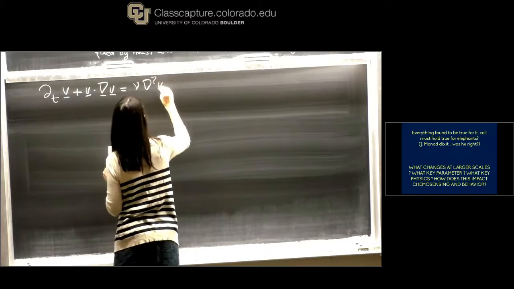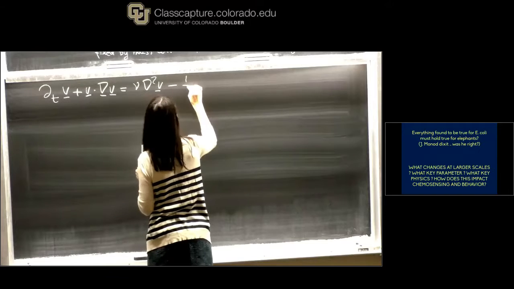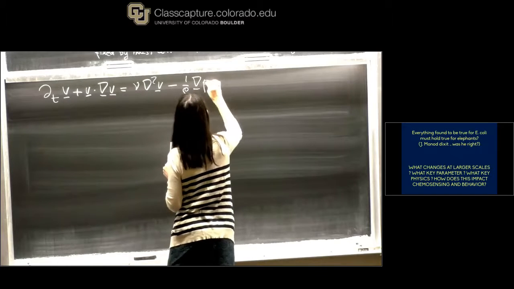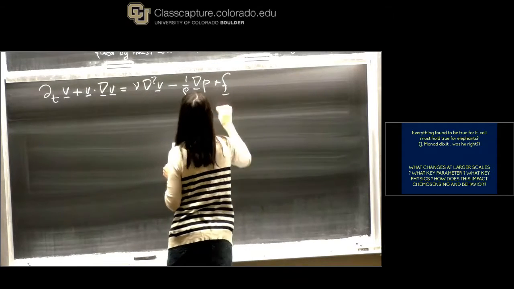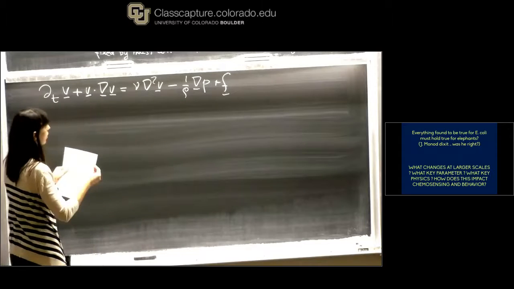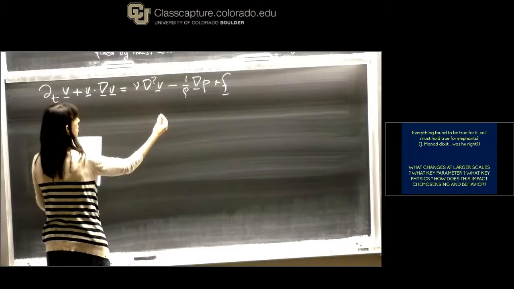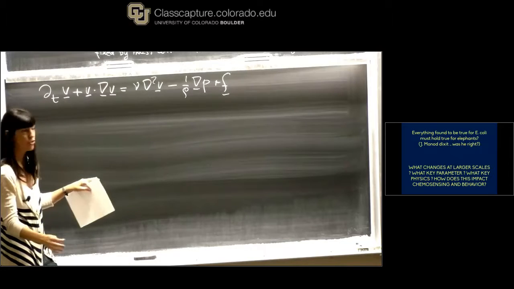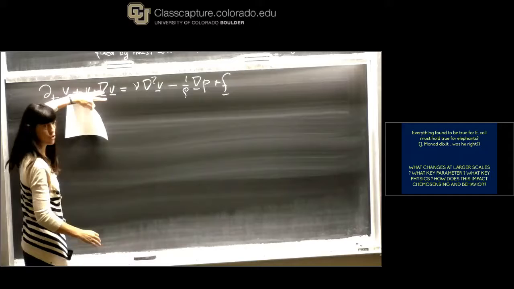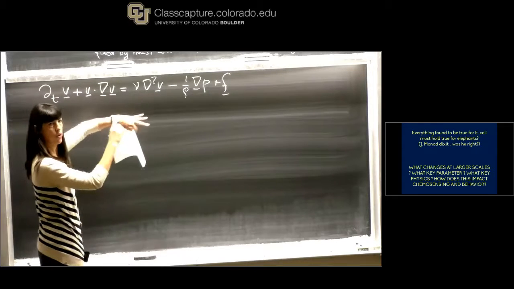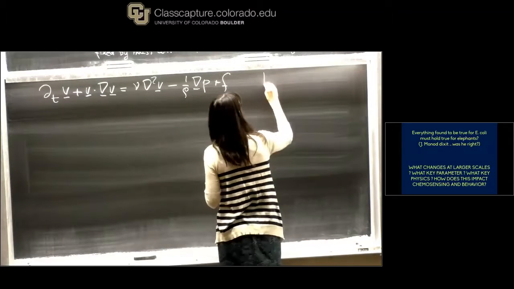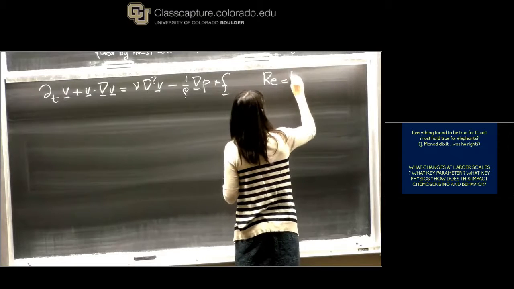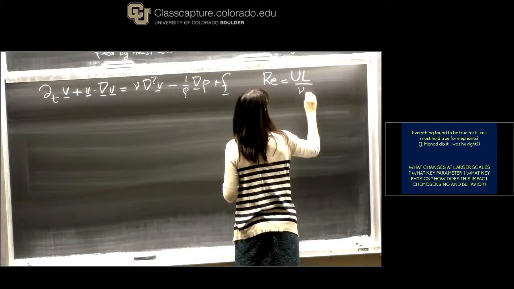Okay? So at large Reynolds, what we've done until now in all of the lectures is forget about inertia and only look at low Reynolds number. So I remind you, Reynolds is UL divided by nu.